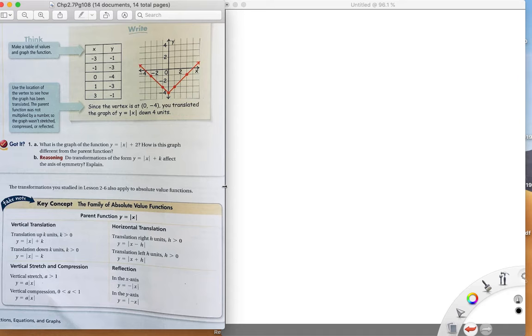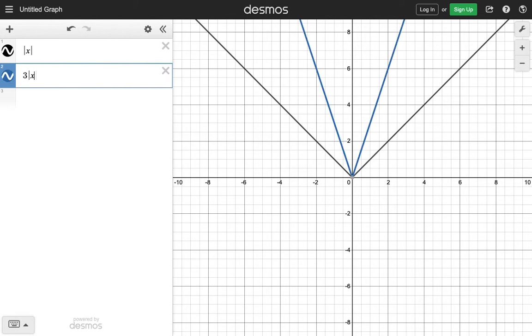Vertical stretching: if a is greater than 1, it stretches vertically. If it's less than 1 and greater than 0, it compresses vertically, it shrinks. So let's say it's 3 times the absolute value of x.